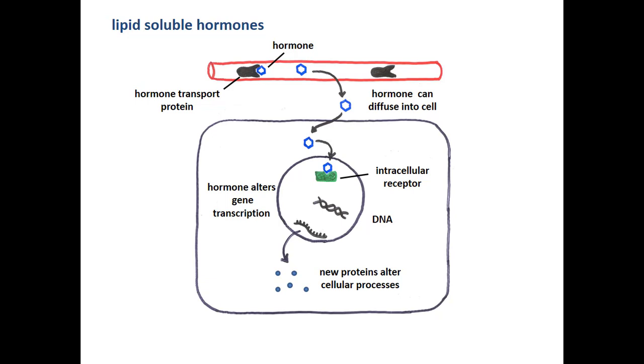So pretty much any of the molecular tools that proteins represent could be synthesized as a result of this kind of interaction. So steroid hormones, of course, work this way.